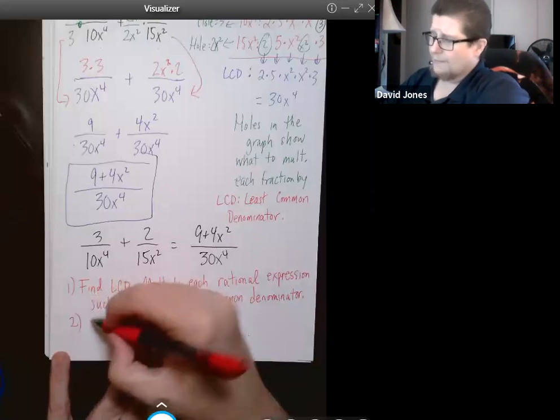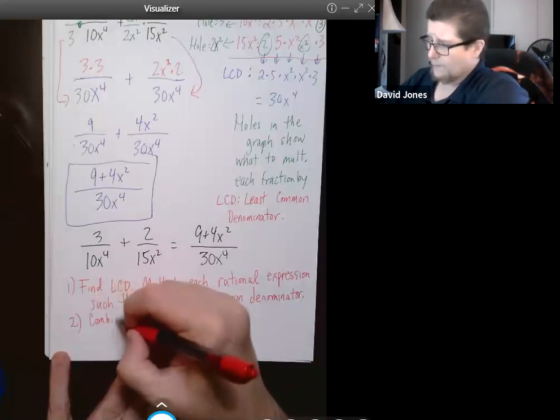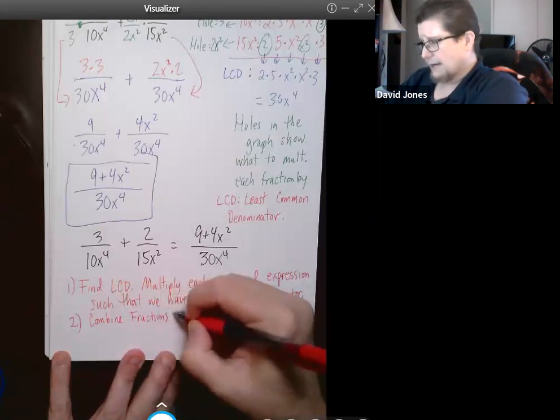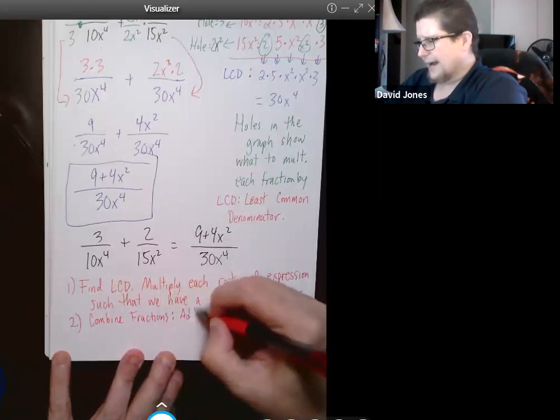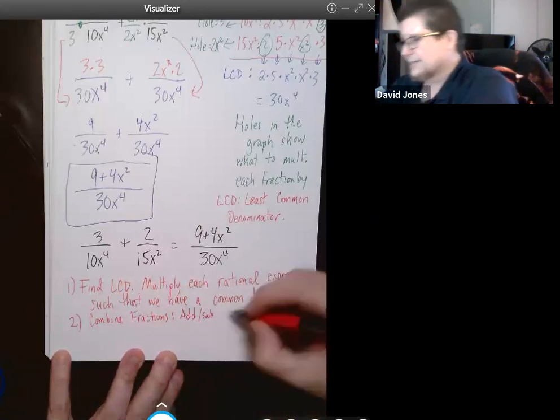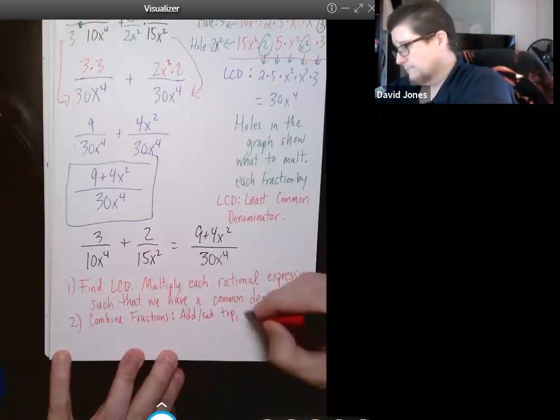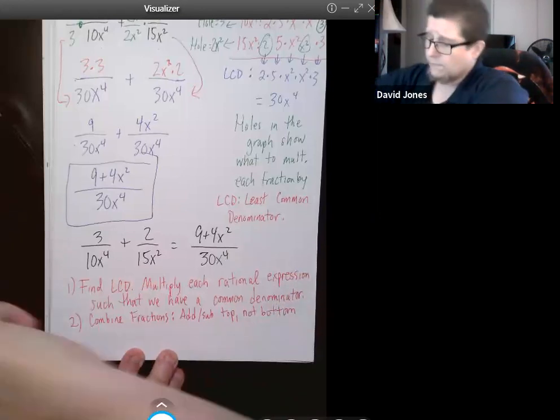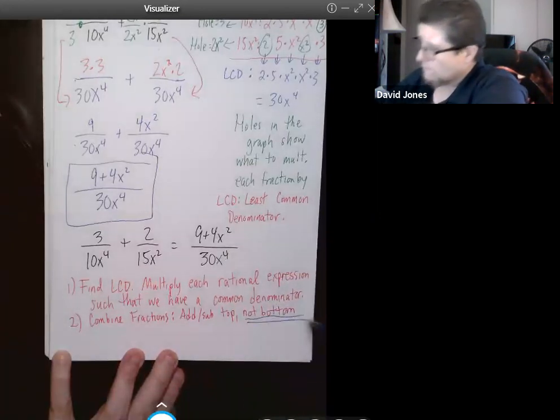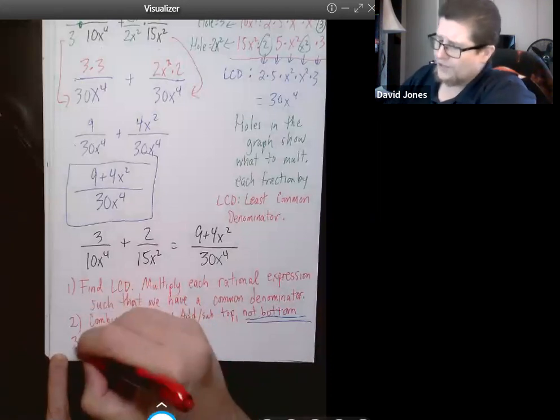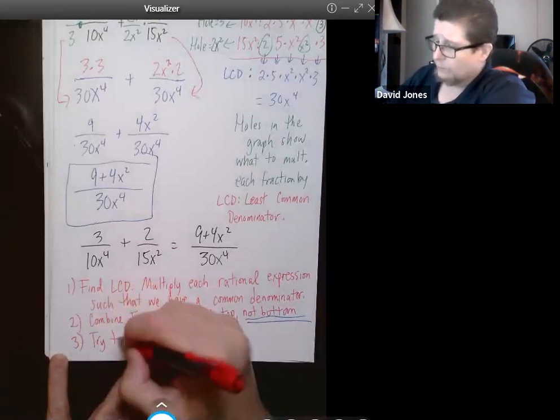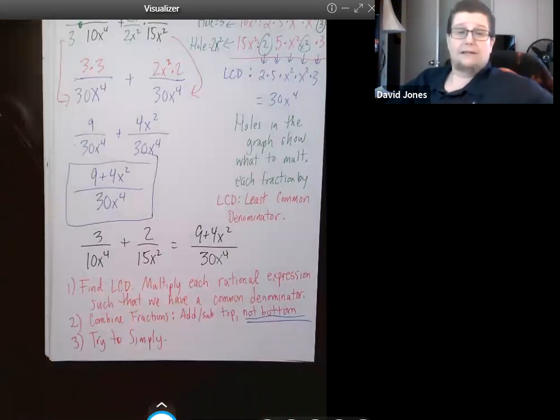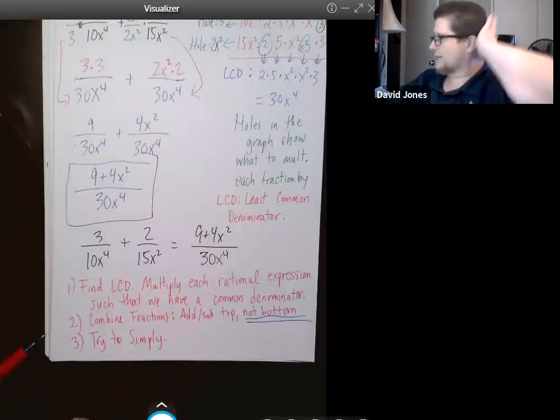Two, combine fractions. And recall, we're only going to add or subtract the top, not the bottom. Once you've done that, try to simplify. The top doesn't factor, so it's already simplified.